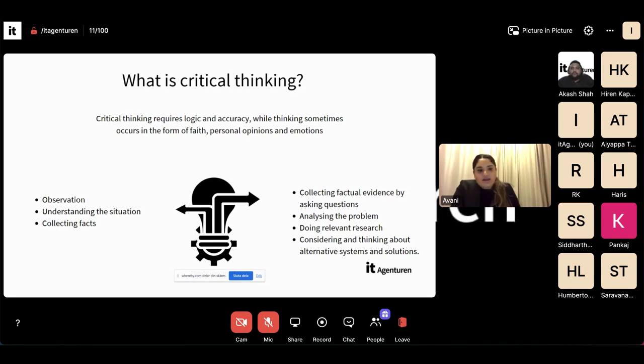So in textual terms, on the left side, you can see for your day-to-day activity is usually thinking in terms of observation, understanding the situation, collecting facts, and then making a decision.